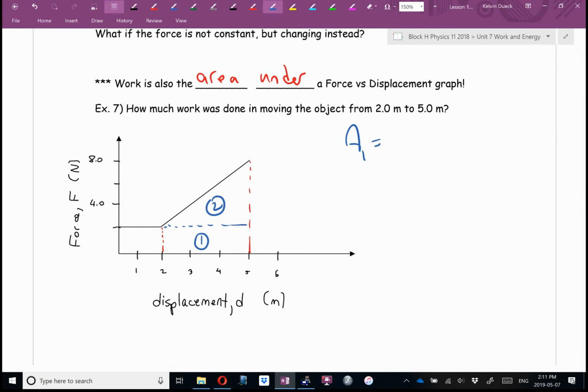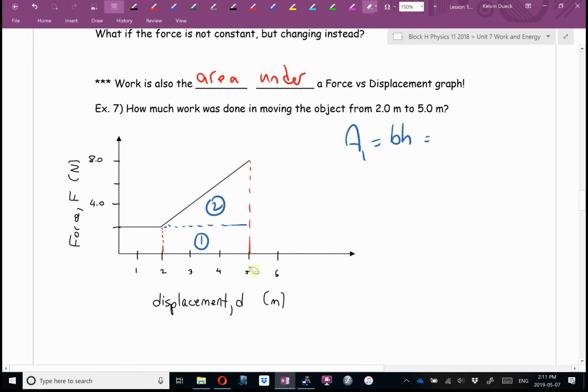I think you should memorize this, but this year I'll live with you having to look at your formula sheet. What's the formula for the area of a rectangle? Some people write length times width, and I will give you full credit for that, but I'm going to go base times height, which is the same thing, but you'll see why. I'm going to write it as that.